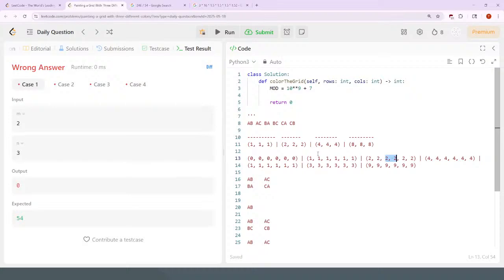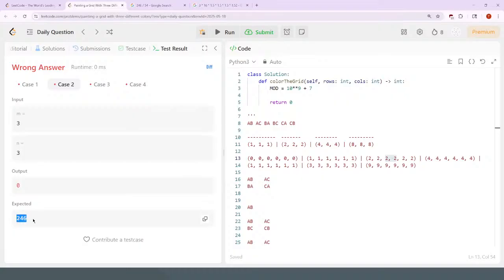Number of ways you can get... all these numbers should be divisible by 3. 246 divided by 3, 82.